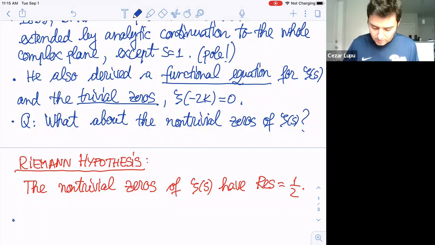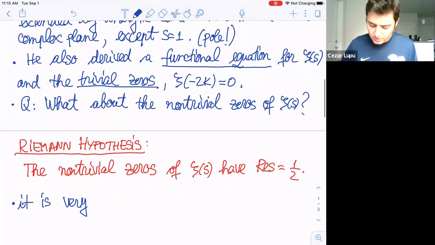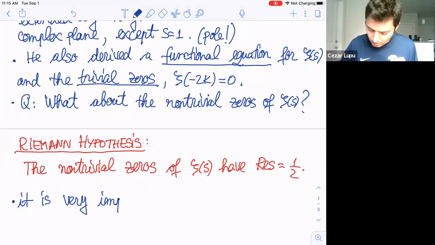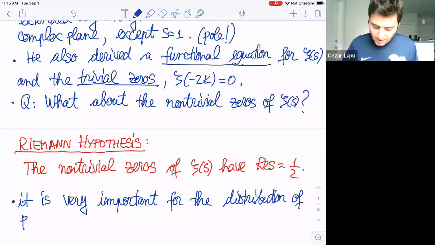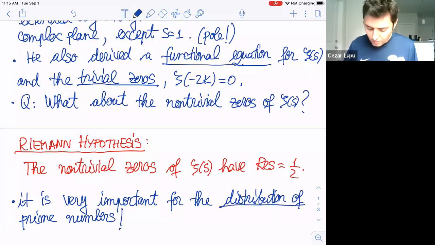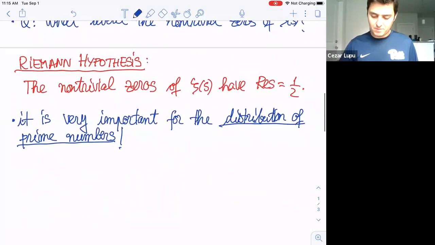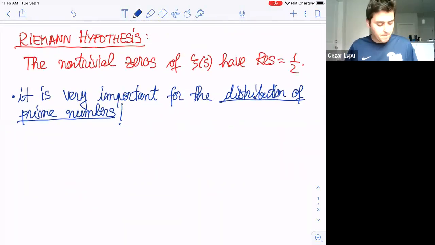It's very important, and I'd like to explain a little bit about this, for the distribution of prime numbers. And I would like to explain something about the history of this, because this is why people were very interested in it.